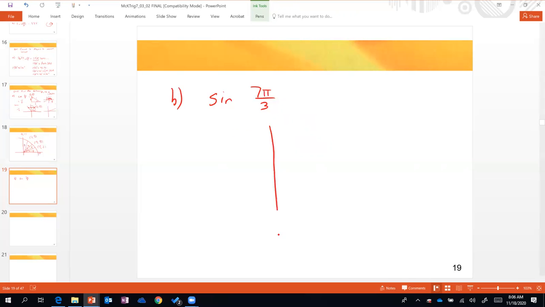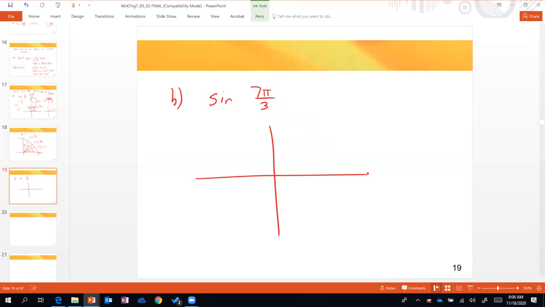Okay, let's see how this works here. Again, try not to convert into degree measurements.